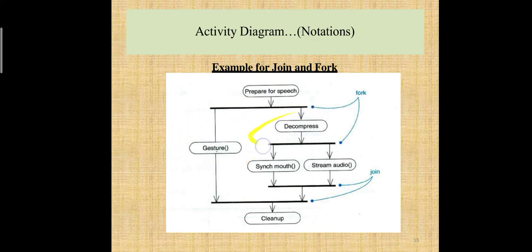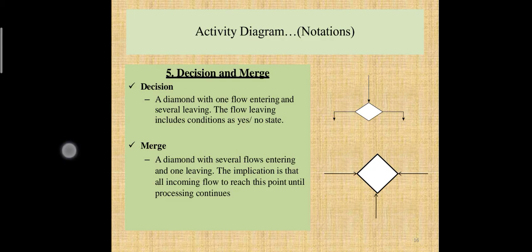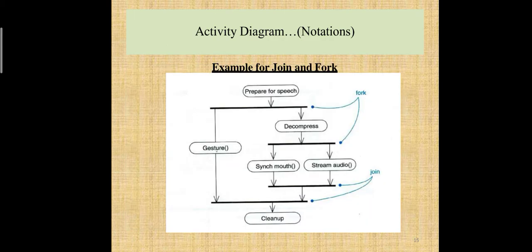One is gesture, another is decompress. Then again we show the fork symbol, with one incoming input, which we divide into multiple paths. Now if you look here, this is a join. These two are fork symbols, and this one is a join. We are joining the multiple inputs and converting them into a single output, to give the desired output.